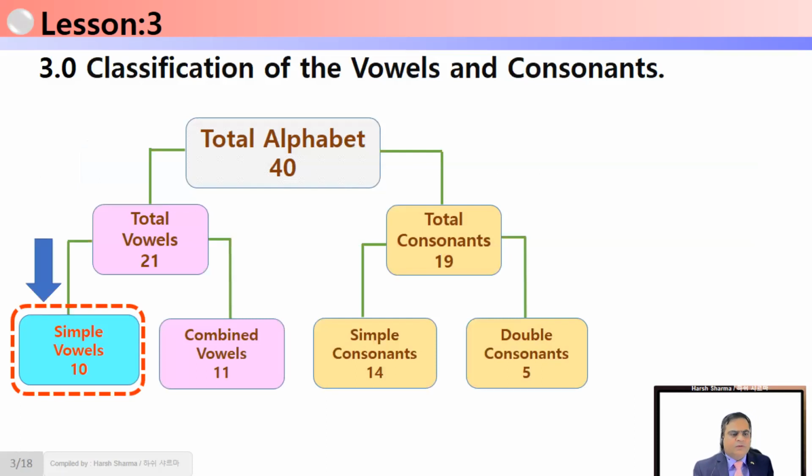Again, as you can see on your screen, there are total 40 alphabets. Out of the total 40, we are at the simple vowels level now, and simple vowels are total 10.